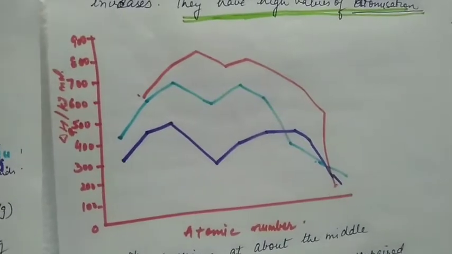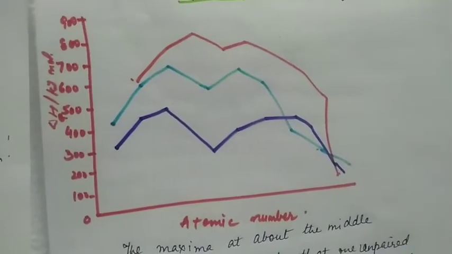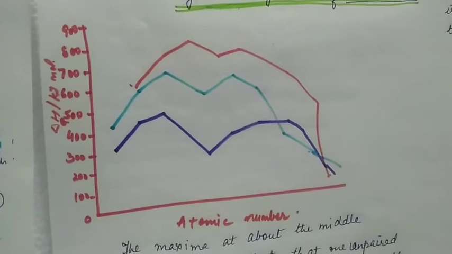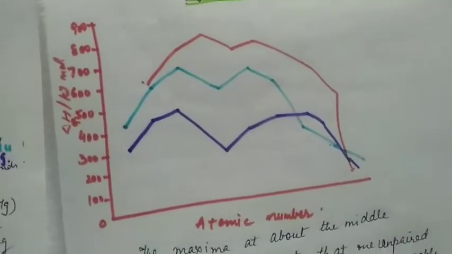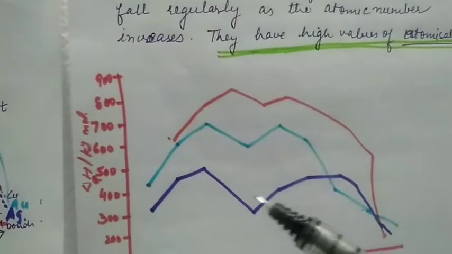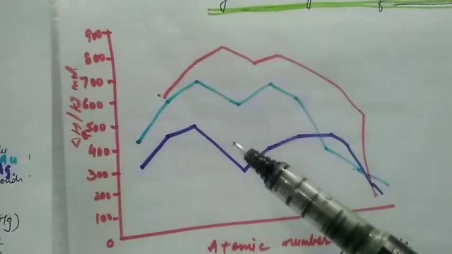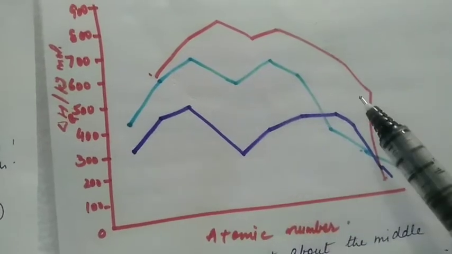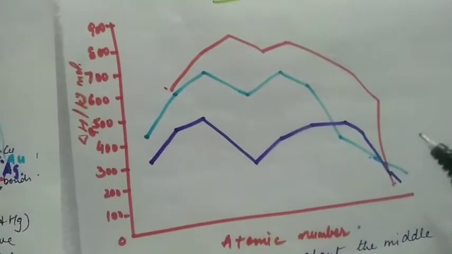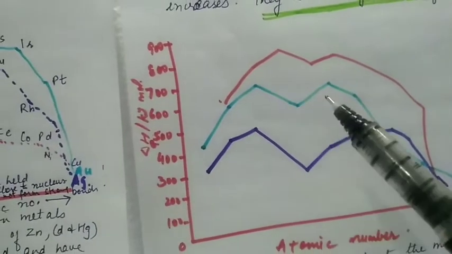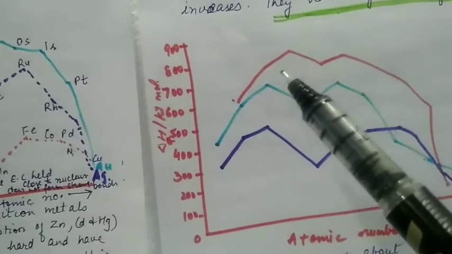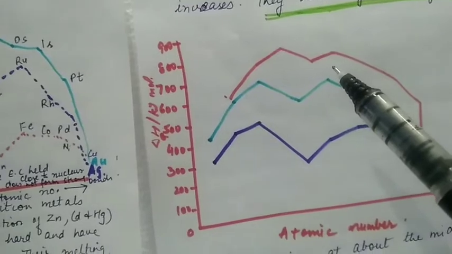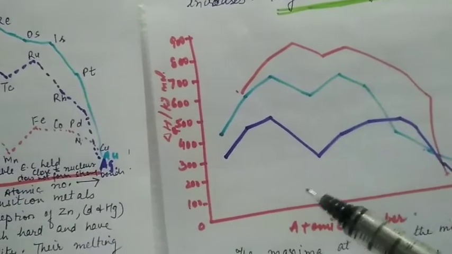This is a graph showing enthalpies of atomization with increasing atomic number. This is the first transition series. The enthalpy of atomization increases, then decreases at manganese, and then again it increases. Similarly, for the second transition series at technetium it decreases, and similarly in the third transition series at rhenium, the value decreases.